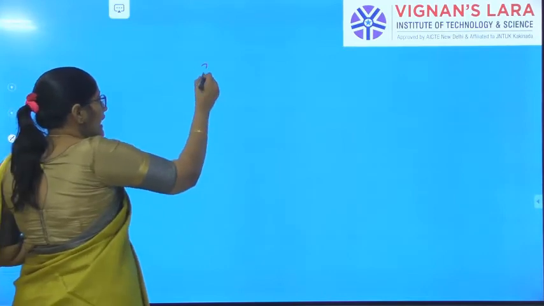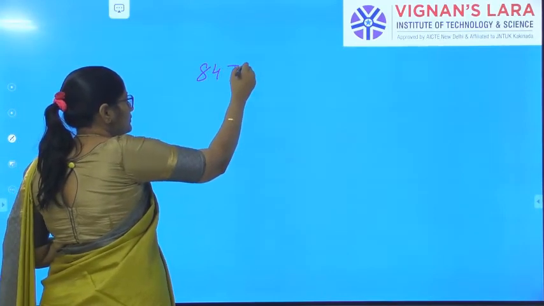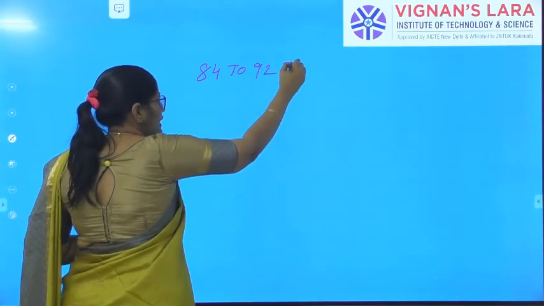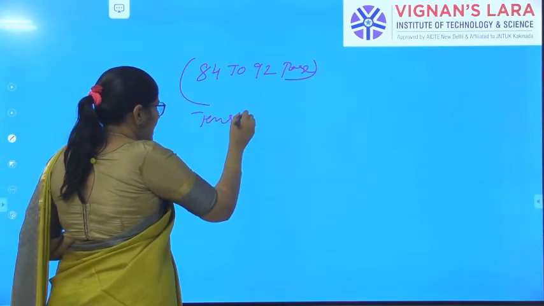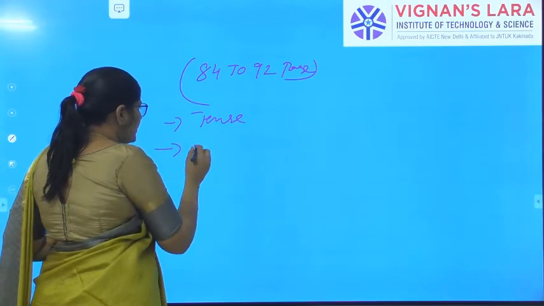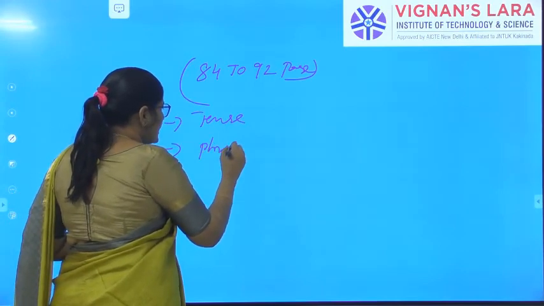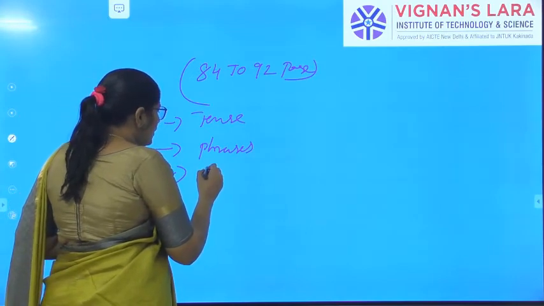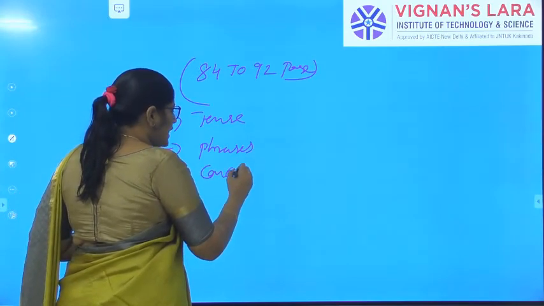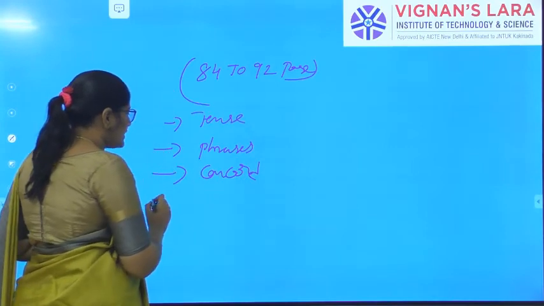On pages 84 to 92, they have given exercises on tense, phrases, and conquered, which you can easily understand by understanding these rules.